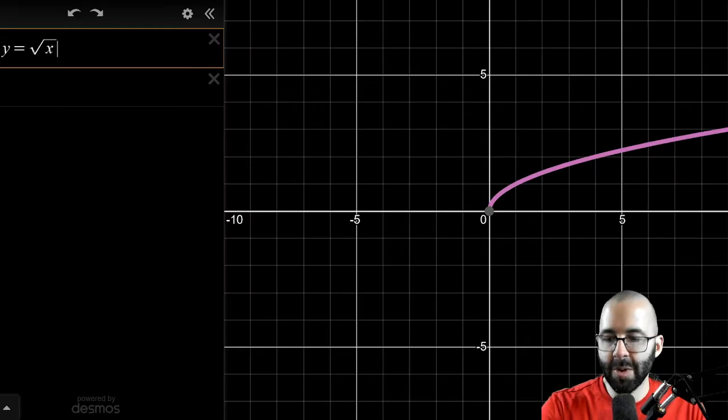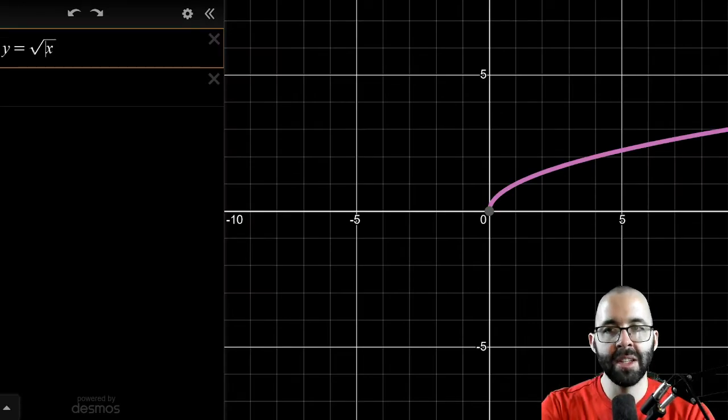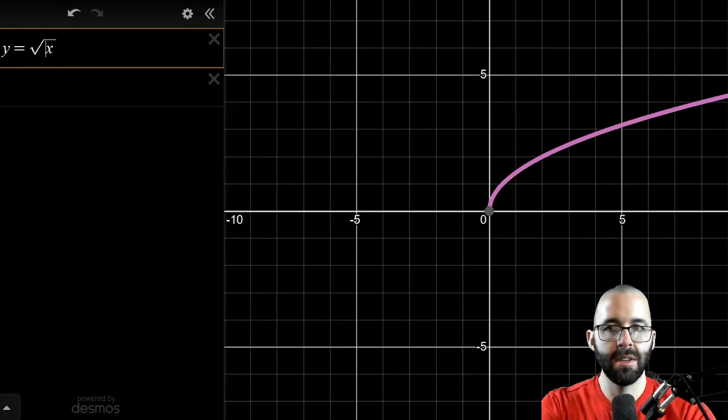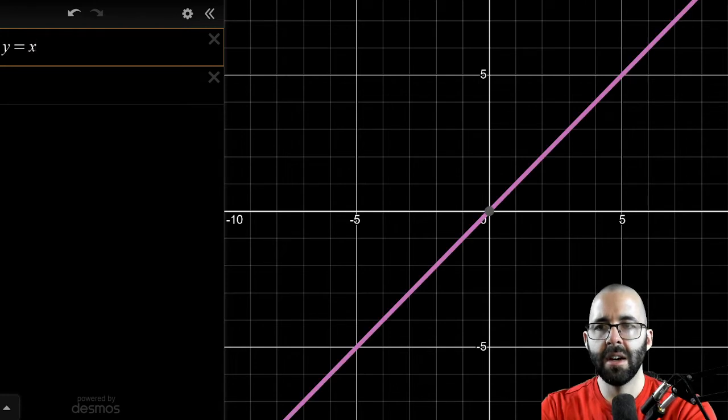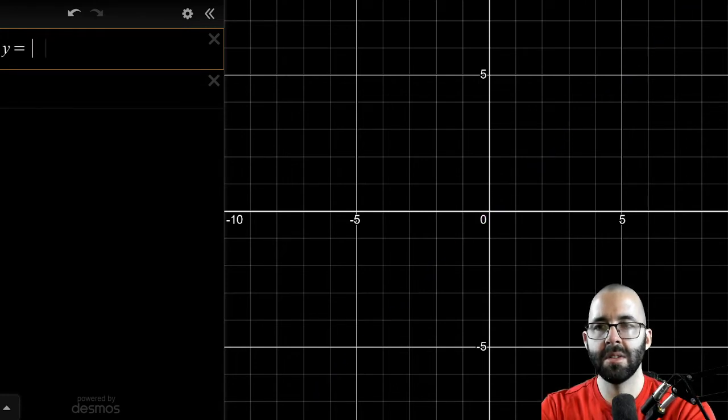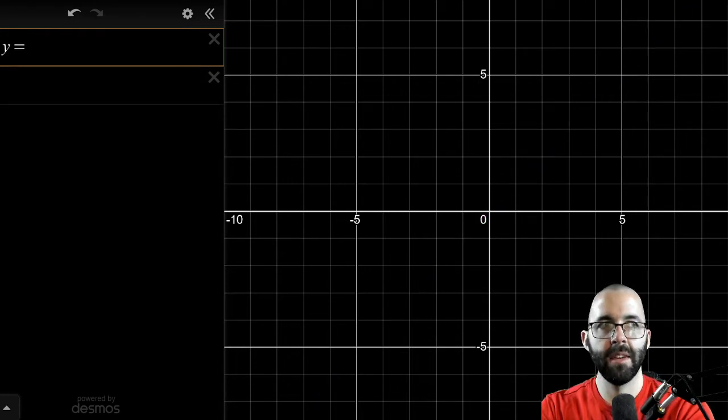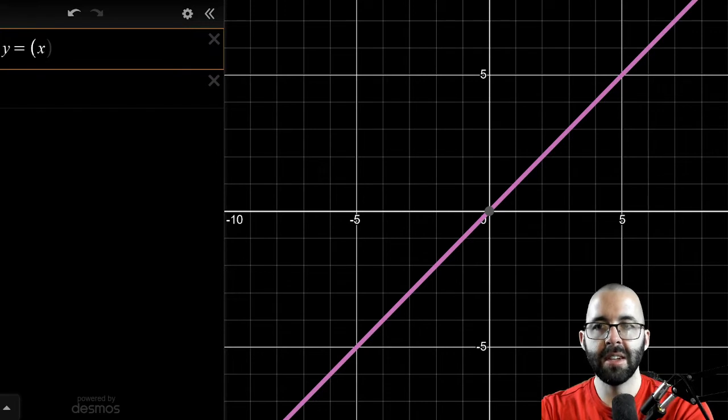If I multiply by 2 on the inside, you might think that's a horizontal stretch. But let's use a different function. It's a little easier to see. Let's use x squared, I guess.